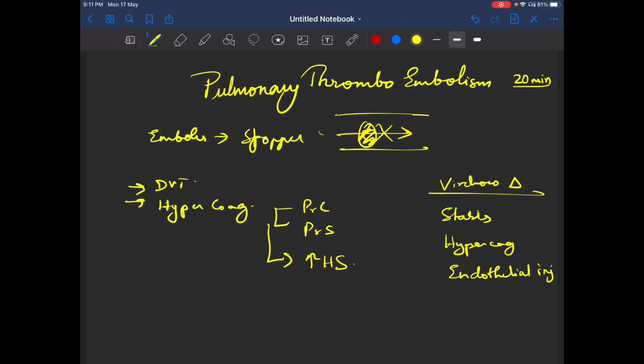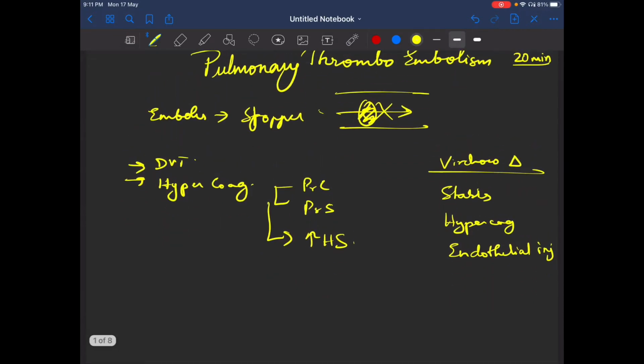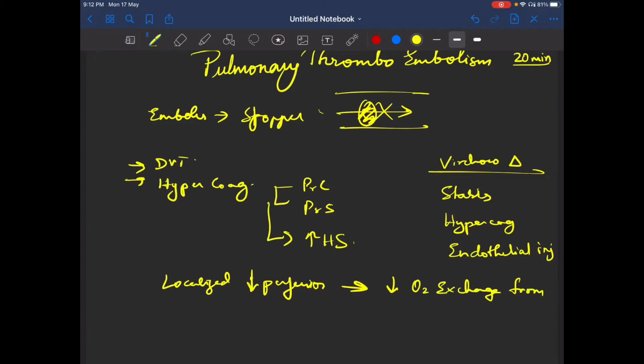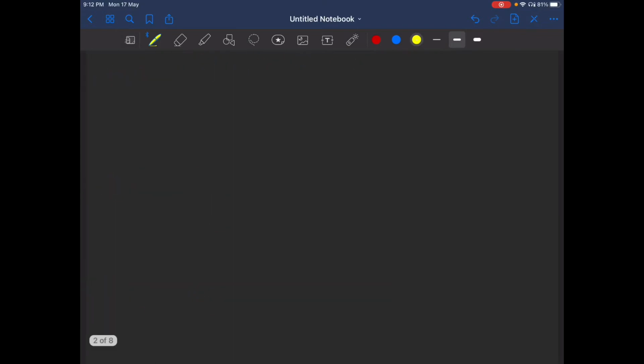So pulmonary thromboembolism is a pulmonary disorder characterized by localized decrease of perfusion, thereby decreasing the oxygen exchange from the alveolus. So what happens here?